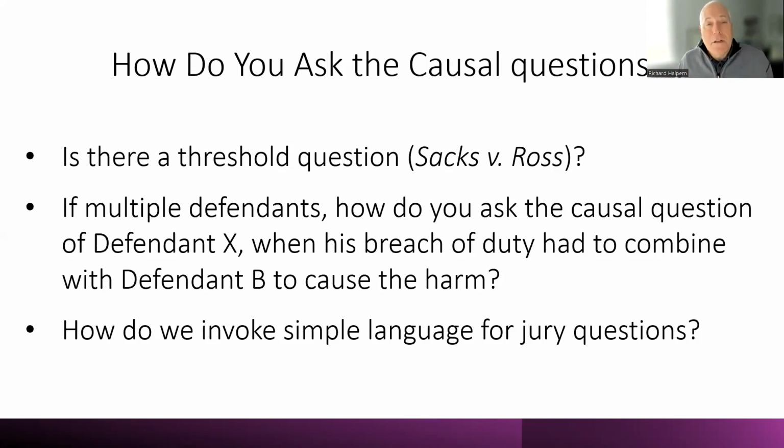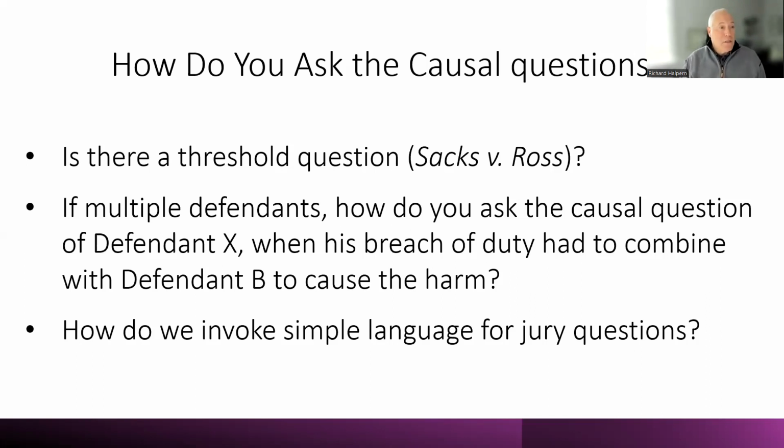It may need to combine with B's breach of duty in order to cause the loss. So somehow we have to tease in the involvement of wrongdoer B when we ask the causal question of wrongdoer A. Okay, and then we want to do it in simple language.